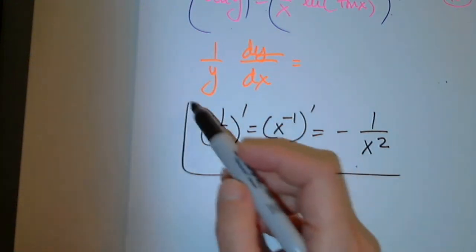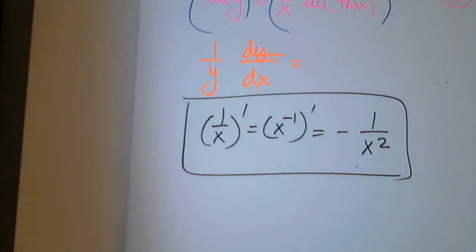This is the ABC of differentiation. I don't want you to sit there and memorize it, but once we see it several times, it should come back easily to you.